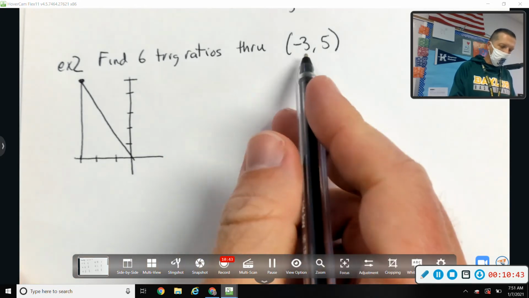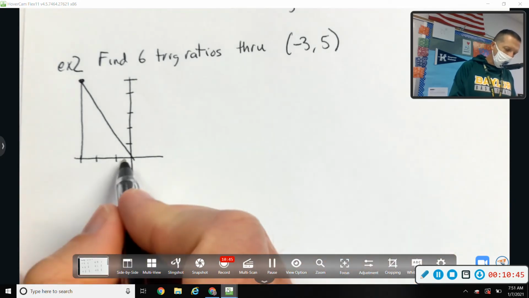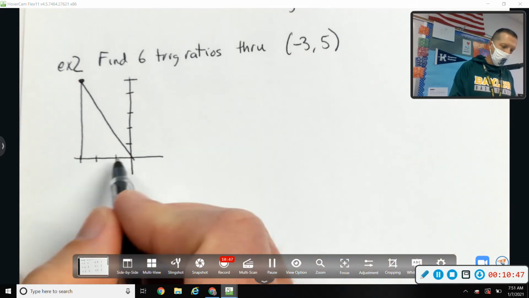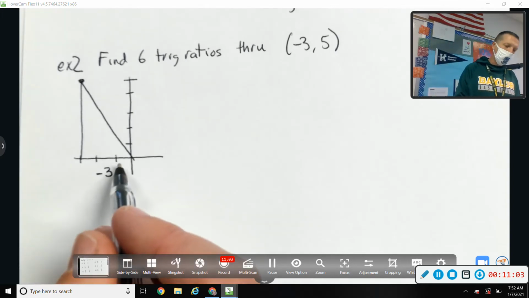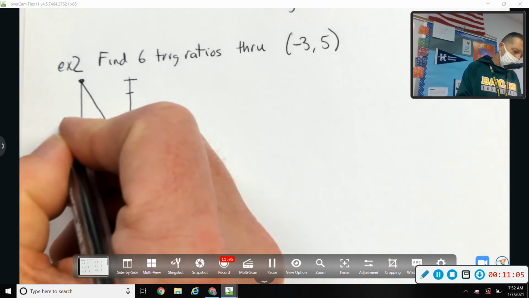This is where things get a little bit interesting, because this side length, well, the side length is 3, but we're still going to label it -3 because we went backwards 3. So that starts to feel a little bit weird. Like, wait a minute, you're telling me the triangle has a side length of -3? No, it's not really a triangle, but we need to label it that way to make SOH-CAH-TOA work.